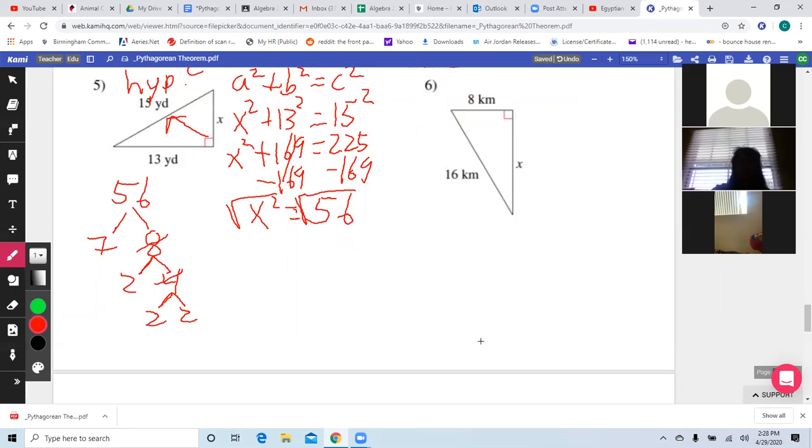And so if you forgot how to do this, remember you are going to circle things that come up in pairs. Anything that does not circle gets put back on the inside of the radical. So the 2 comes out because it was circled, and the 7 and another 2 don't get circled, so I multiply those 2 and they go on the inside. So here, my final answer here is 2 square root 14.